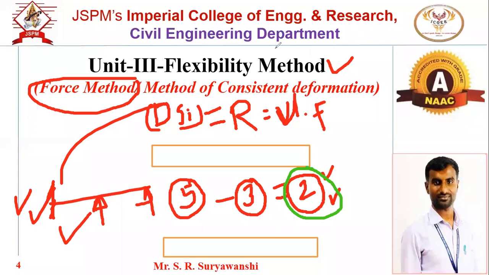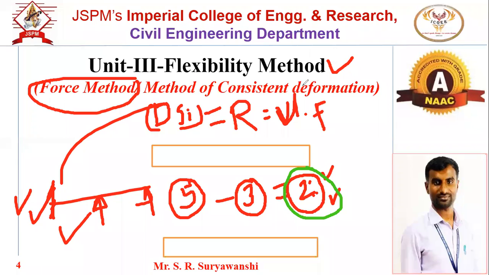But here in SA2, the next subject, in this flexibility method, we have to find out those 2 forces. No doubt 5 forces are unknown, but 2 are the DSI value, so those 2 forces we have to work out. The unknown 2 forces we have to work out using this flexibility method. This is the core concept.